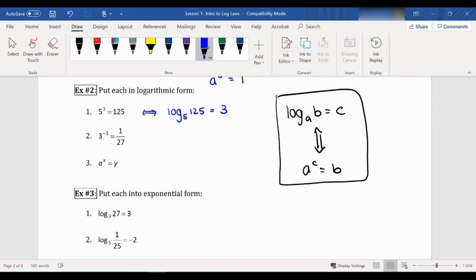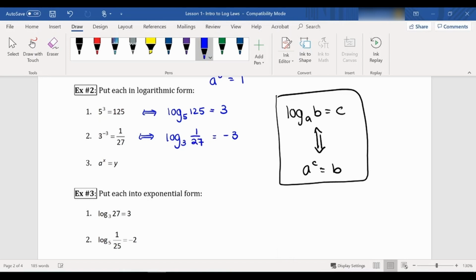The next one, the base of the exponential form, our A, is 3. Our exponent, or our C value, would be -3. And our B value, or the inside stuff of our logarithm, would be 1/27.